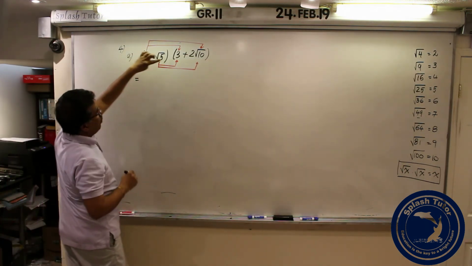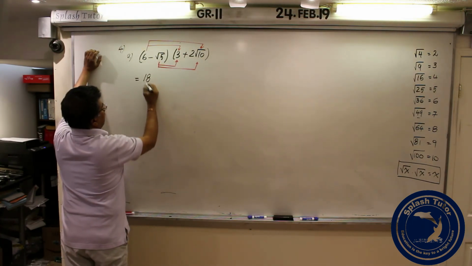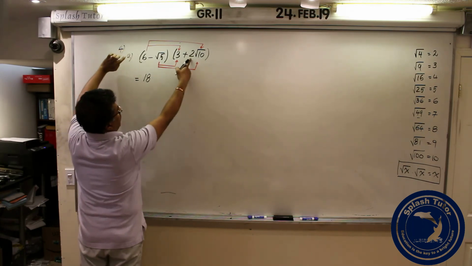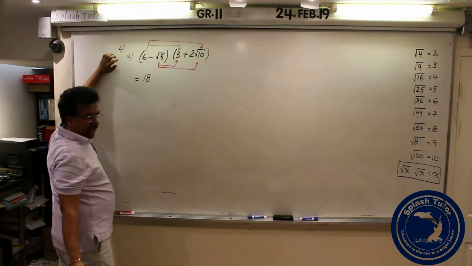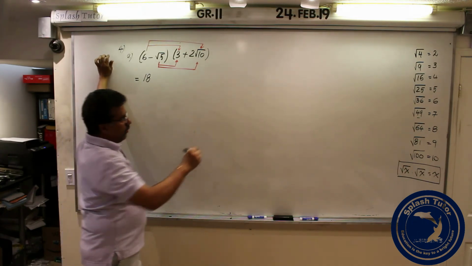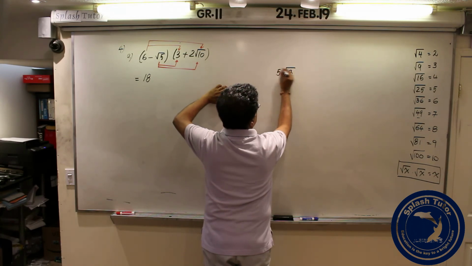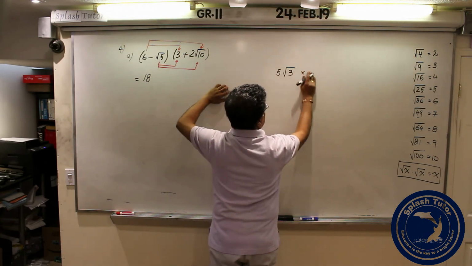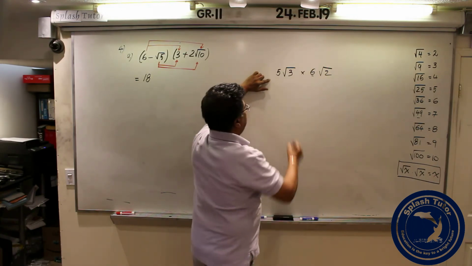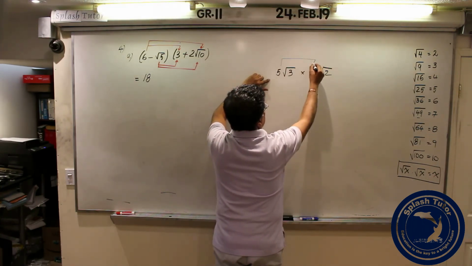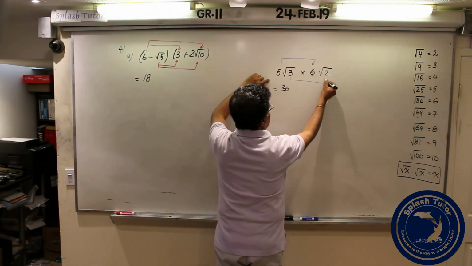So 6 times 3, 18. And 6 times 2, only you can multiply the number. That is root 30, and you can multiply this number together.